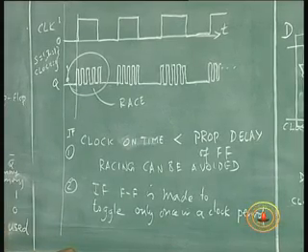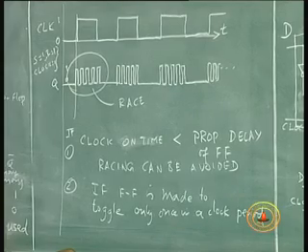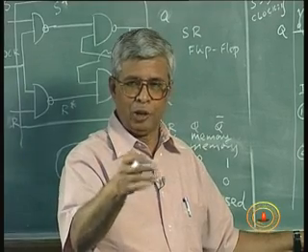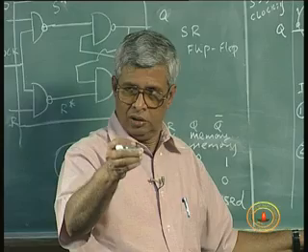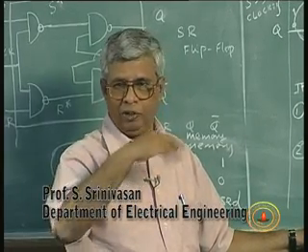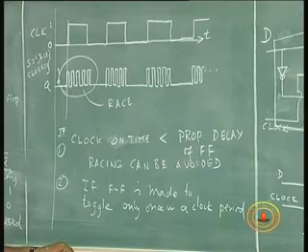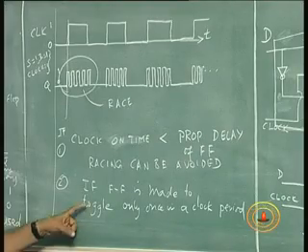However large this clock period is, however long this clock period is, whether it is milliseconds, microseconds, nanoseconds, seconds, when I have one input, one clock period pulse, I will only have this change once, not again. This will be useful.